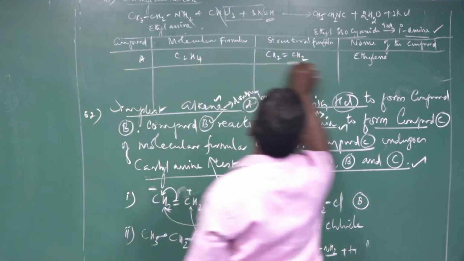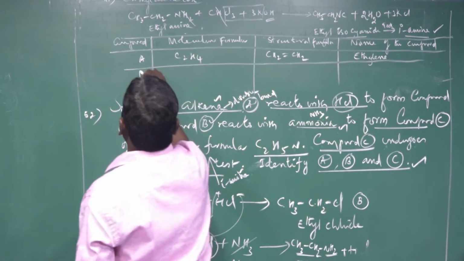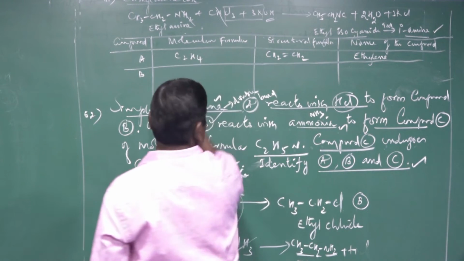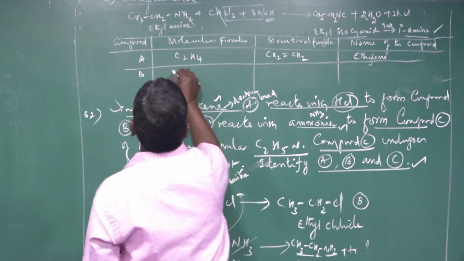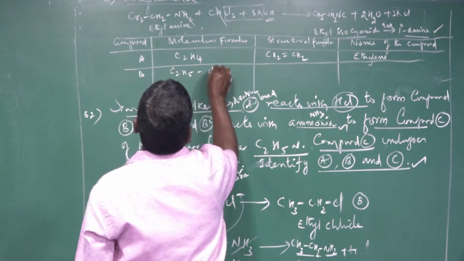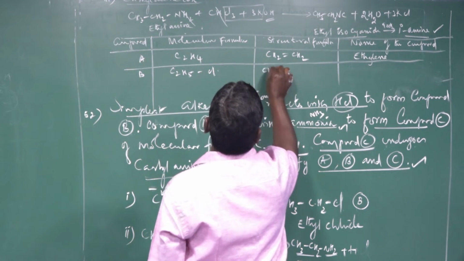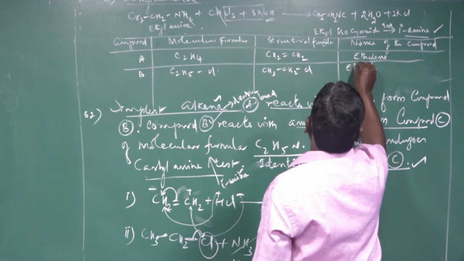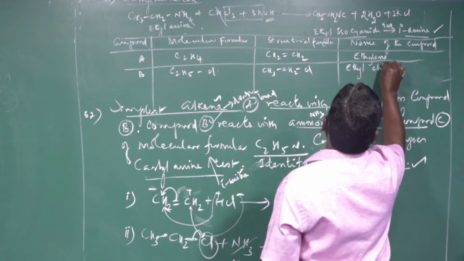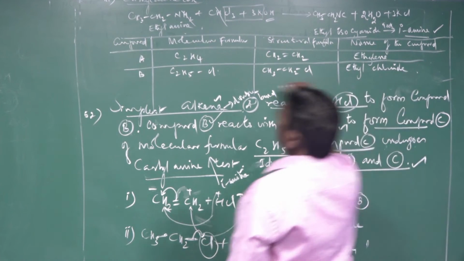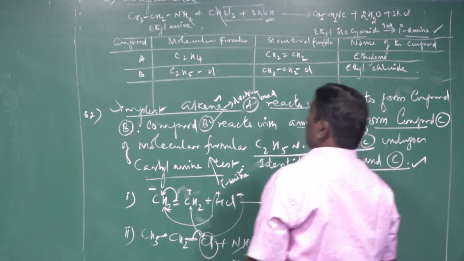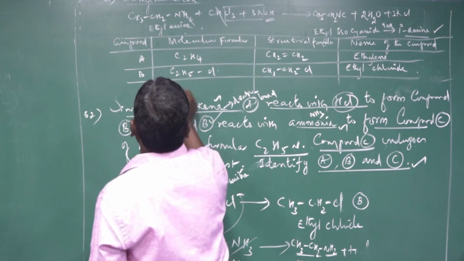Then compound B is ethyl chloride. Molecular formula C2H5Cl, structural formula CH3CH2Cl, name ethyl chloride. Then compound C is an amine, a primary amine.